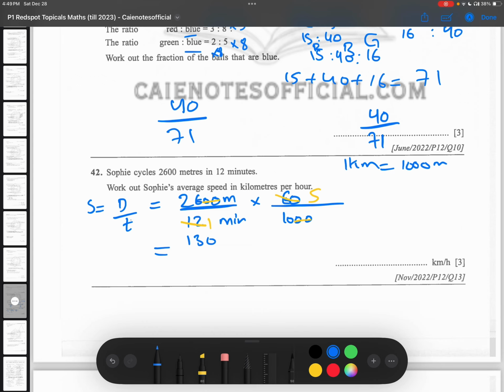And no, I'm not going to multiply. Okay, let's multiply, it doesn't matter. And 130 upon 10, now the 0 gets cancelled and we get the answer 13. So this is 13 kilometers per hour, the speed of Sophie.